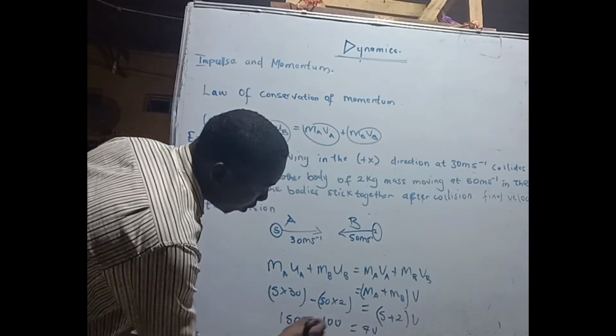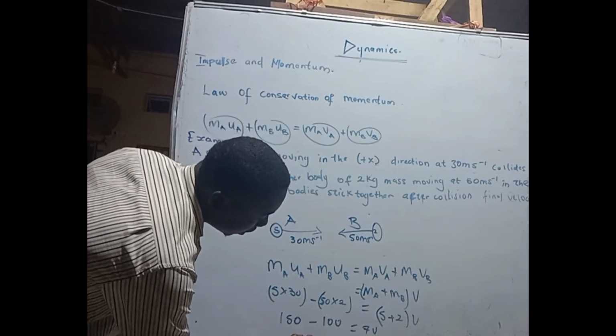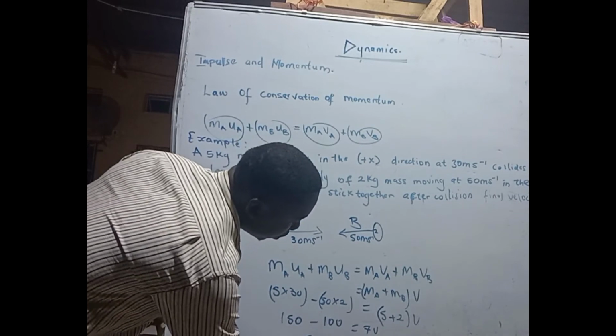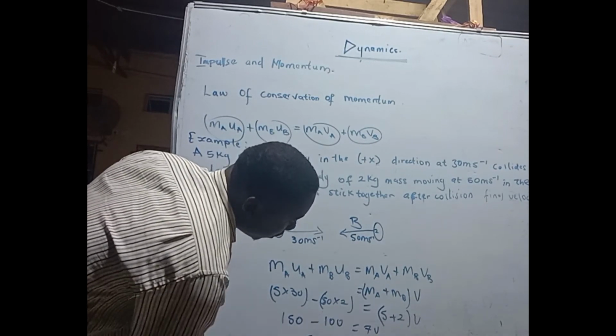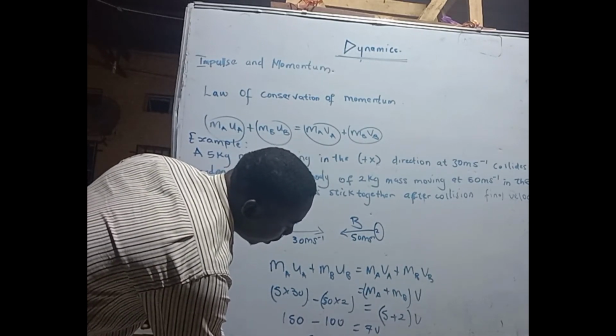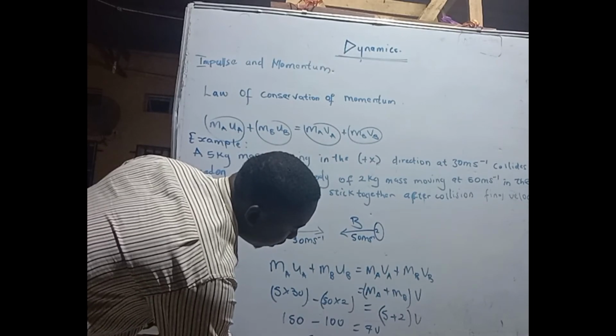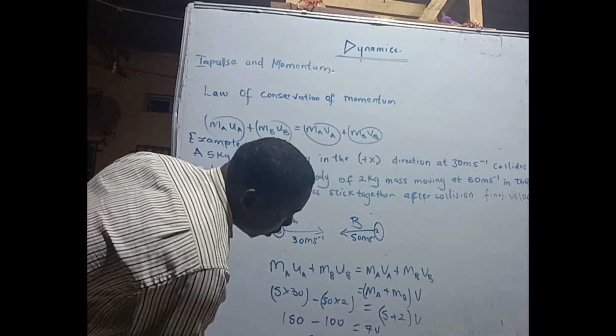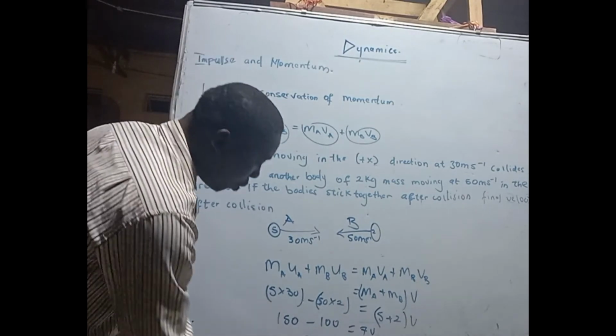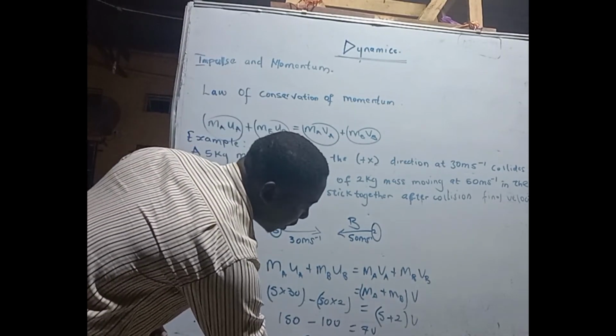So you are having 150 minus 100, that's 50, equals 7V. Then V is equal to 50 over 7. Do you all get that?